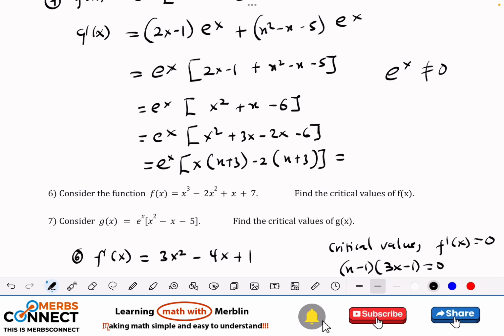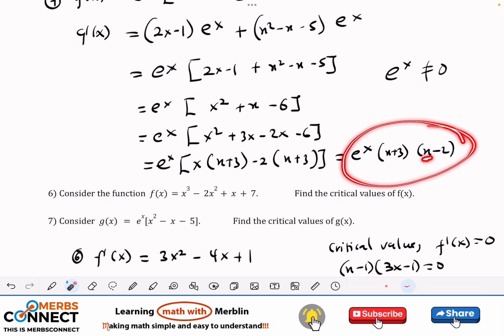So this is the same as e to the power x. Then since this and this are the same, I can combine them. So I'm going to have x plus 3, x minus 2. So with this, we can see that when x is minus 3, the function will go to 0, and when x is 2, the function will also get to 0.